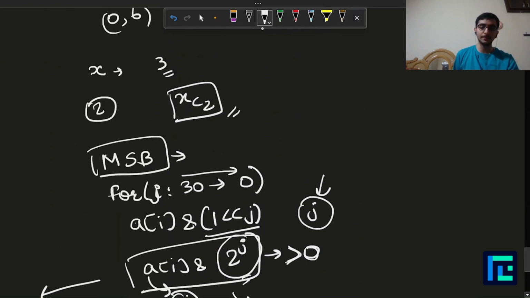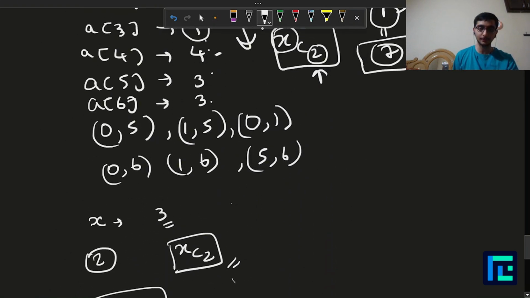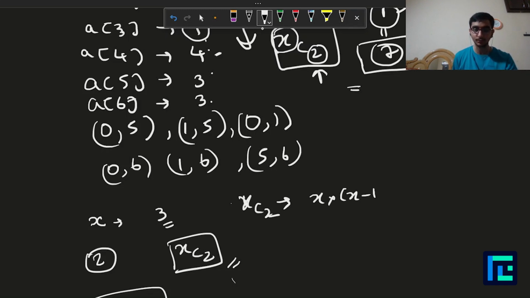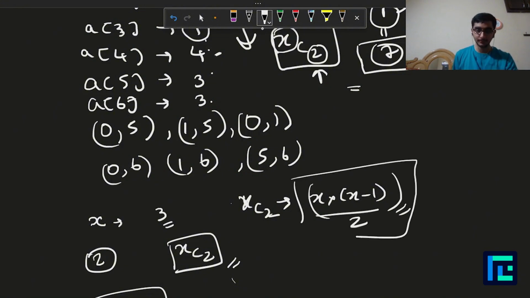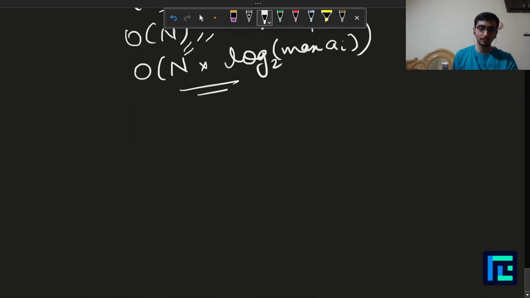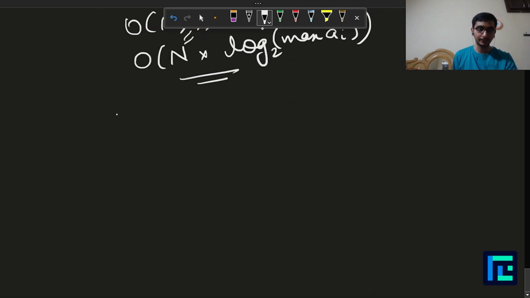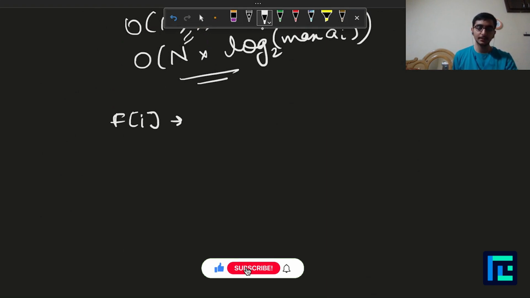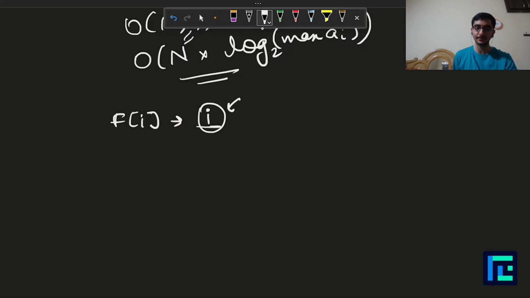And for the part where I want to calculate the number of pairs using nC2, xC2 can also be written as x into (x minus 1) by 2, and this value can be calculated in O(1) time, given we maintain a map or a frequency array, where let's say f[i] represents the number of values which had the ith position as its MSB.